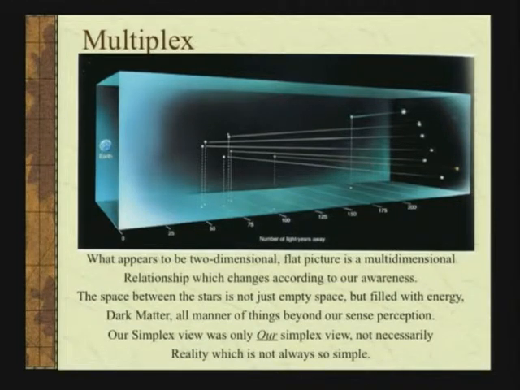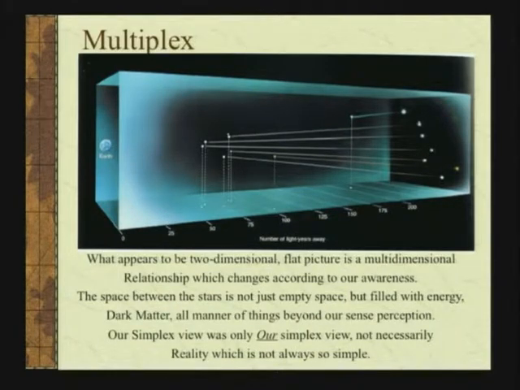So, multiplex. What appears to be two-dimensional, that is a flat picture, is a multidimensional relationship, which changes according to our awareness. The space between the stars is not just empty space. It's filled with energy. Dark matter, all manner of things beyond our sense perception, but then it is perceivable by our instruments to the degree that we can measure stuff.